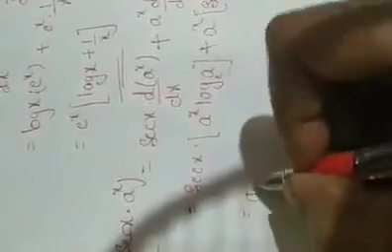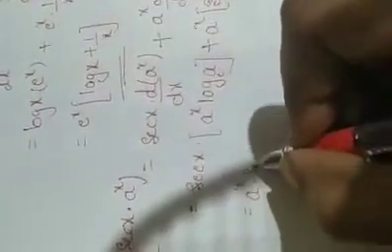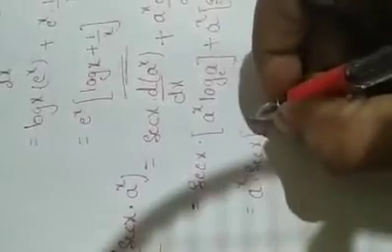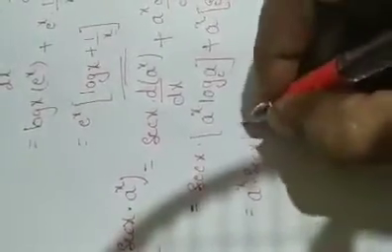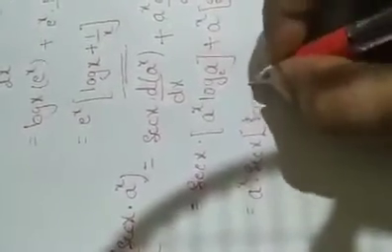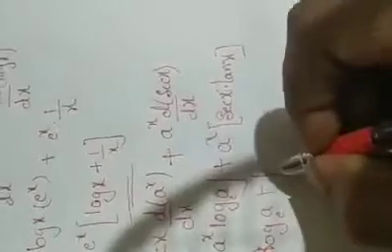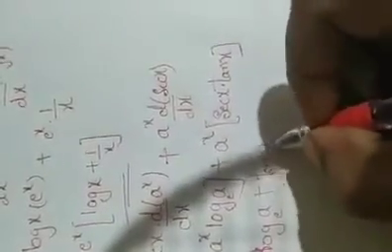We can take a raised to x into secant x as common. So the left term is log a to base e plus, we took a raised to x and secant x as common, into tan x.